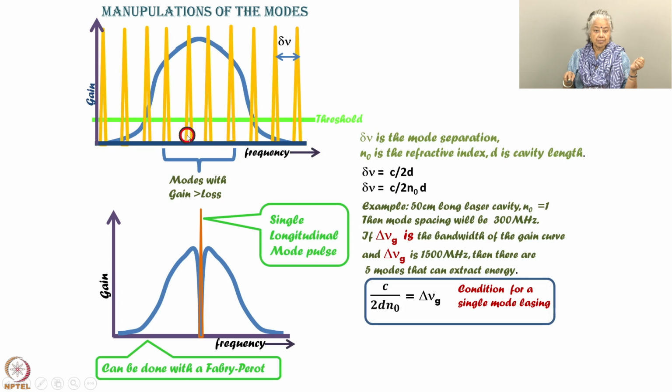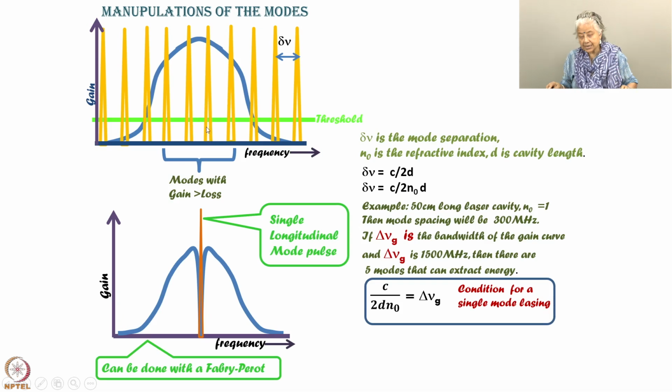The ones which are above this threshold will grow. So, the number of modes possible from the total number of modes is 1, 2, 3, 4, as you can see in this picture. These fall within the gain curve as well as above the threshold. These two conditions have to be met for modes to lase.